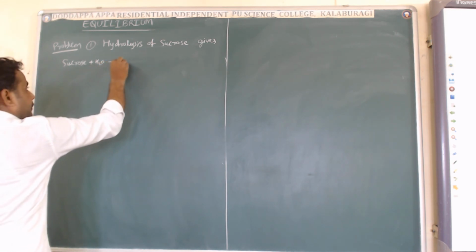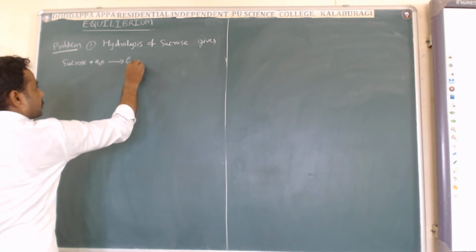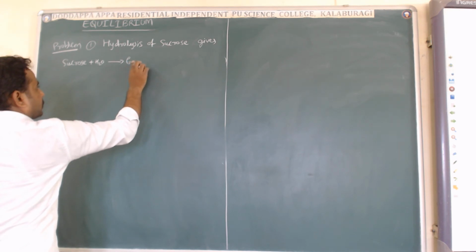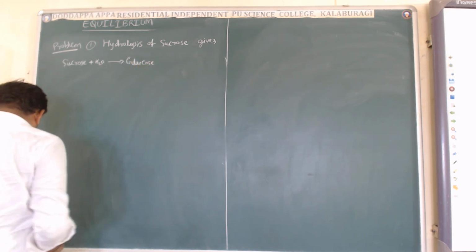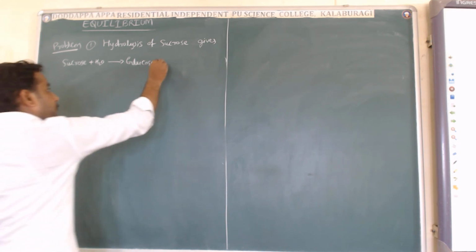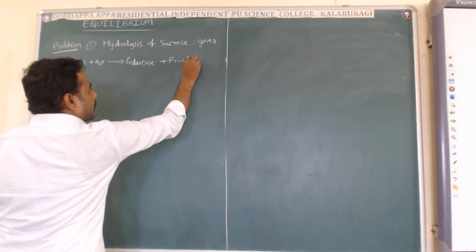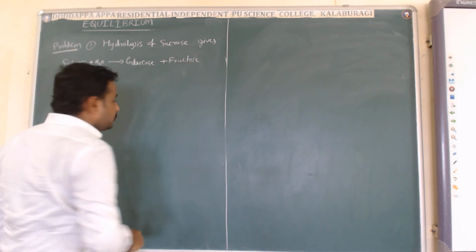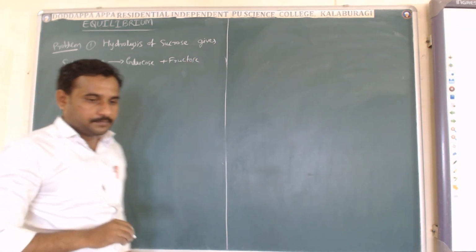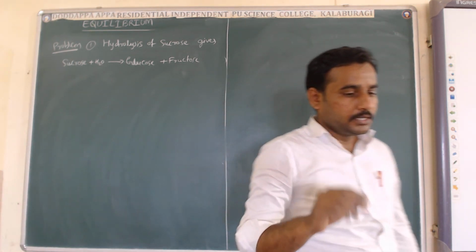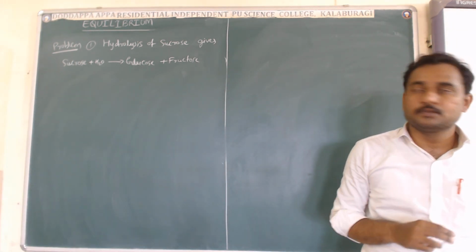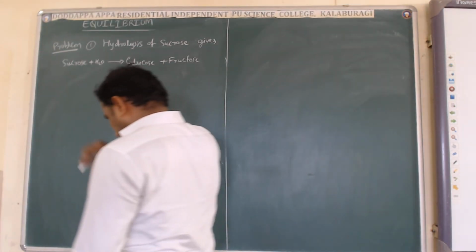So it gives glucose plus fructose. When you add sucrose into the water, it splits into glucose plus fructose here.